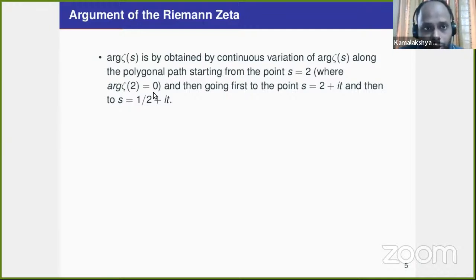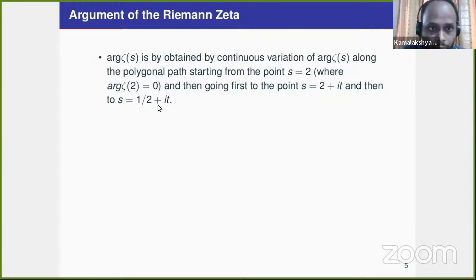Then we try to define the argument of zeta(s) in the critical strip by shifting. We travel along the path from 2 to 2 plus it, and then from 2 plus it to s equal to, say, half plus it.